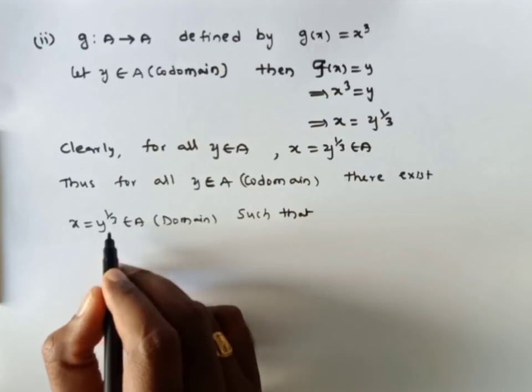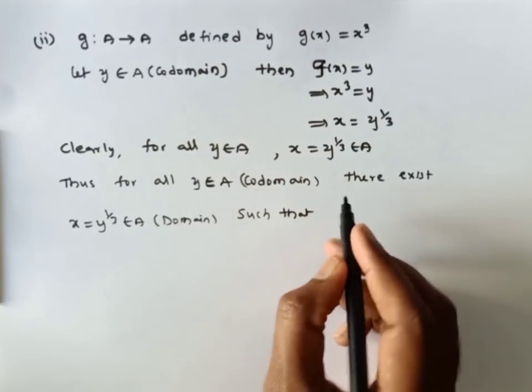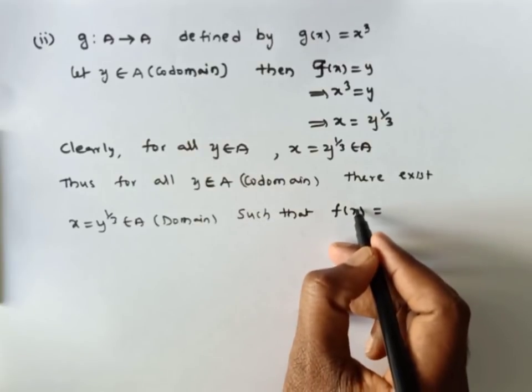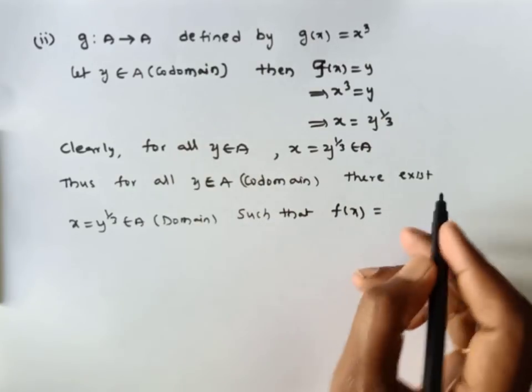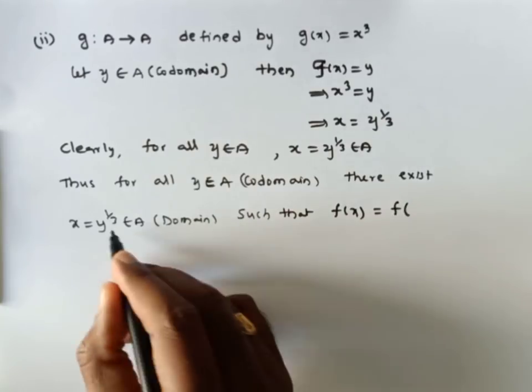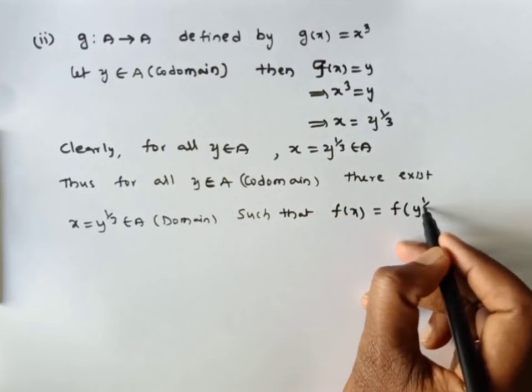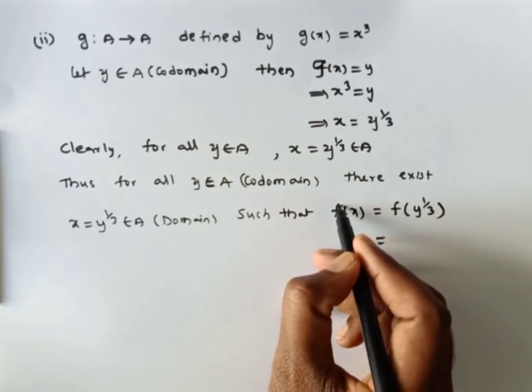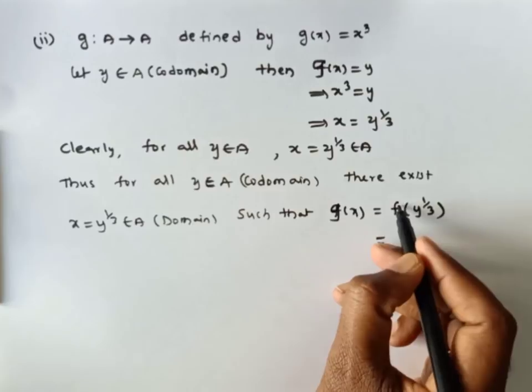If x is y power 1 by 3 from the domain, what we have to show is that g of x value is y. Now g of x is nothing but y to the power of 1 by 3 cubed. See here, g.